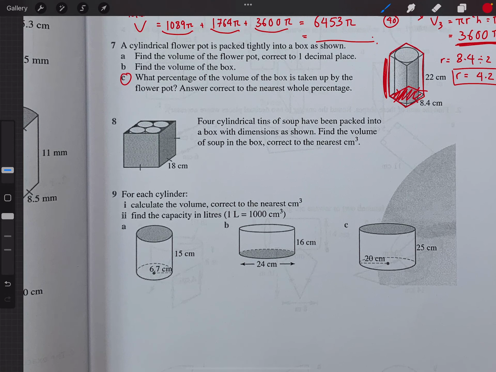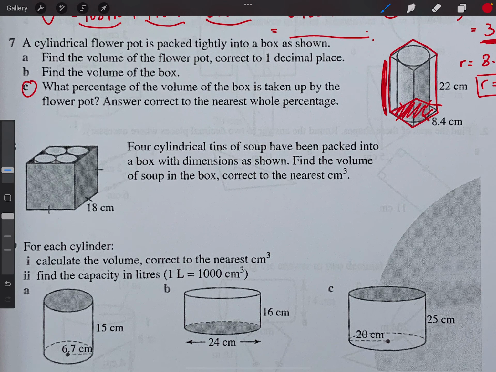Now C, what percentage of the volume of the box is taken up by the flower pot? To do this, we need to find the volume of the flower pot and the volume of the box, which are your answers to A and B. Then you divide the top number by the bottom number, and this is how you compare something.